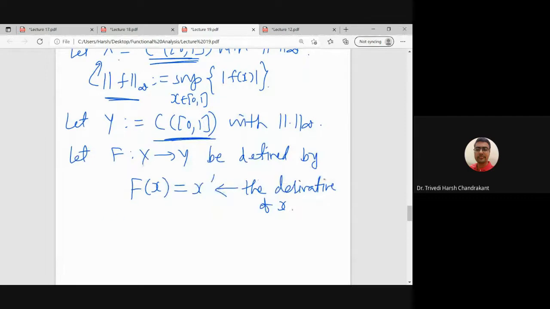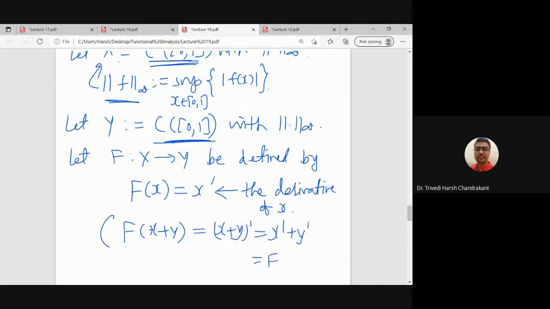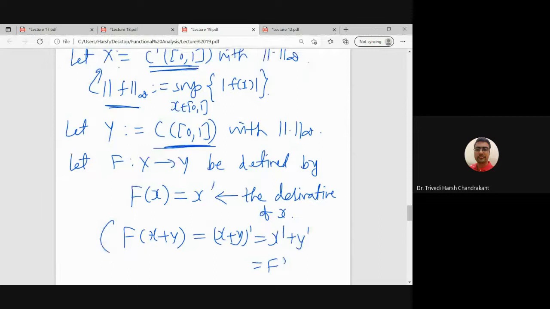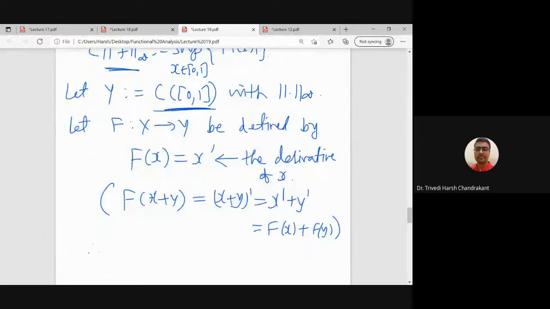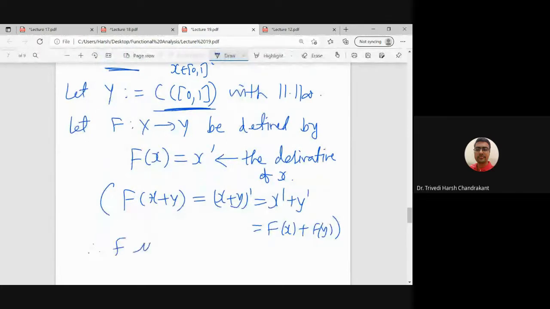We can easily check: f of x plus y is (x plus y) dash, and that is nothing but x dash plus y dash, which is f of x plus f of y. Similarly, we can check the other property, the scalar multiplication. Therefore, f is a linear map.